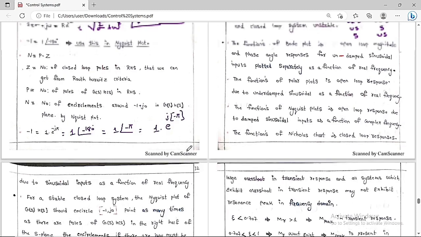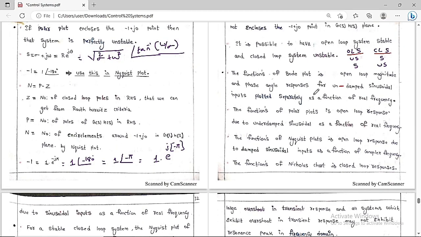If you see clearly, this Bode analysis, polar analysis, and Nyquist plot analysis are all for the open loop transfer function only, whereas the Nichols chart is for the closed loop system.